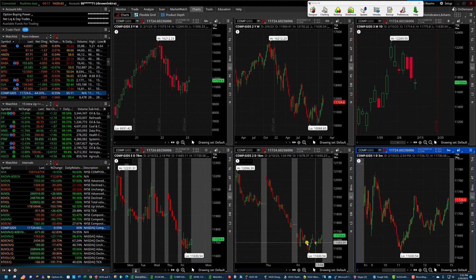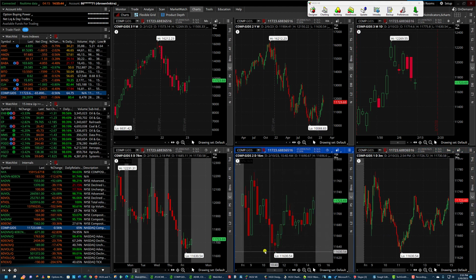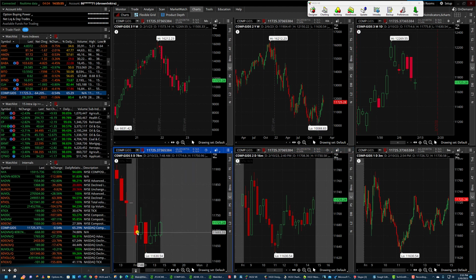So anyway, here's the 16-minute chart. It appears much smoother, but you can still see the volatility within the chart. And then if I look at the 78-minute chart, here's the open. It traded down, traded up, looked like it was going to make a nice move up, and then it failed and settled in this range.